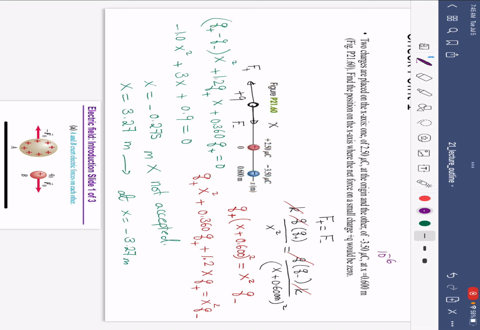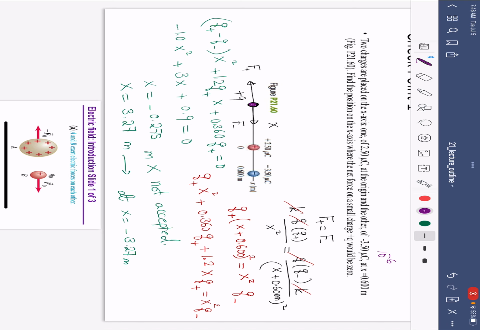Of course, I don't need to know the magnitude of my charge. I will assume it's at a distance x from that positive charge, and therefore it is at a distance x plus 0.6 from the second charge.